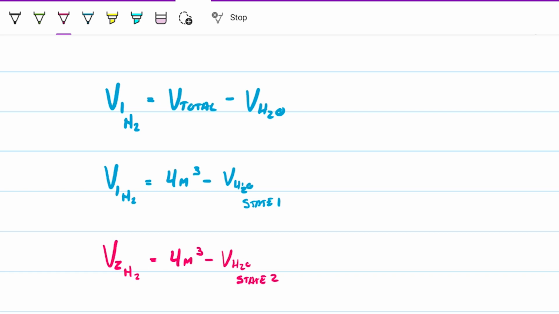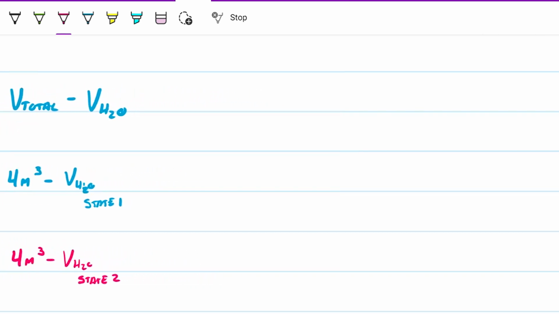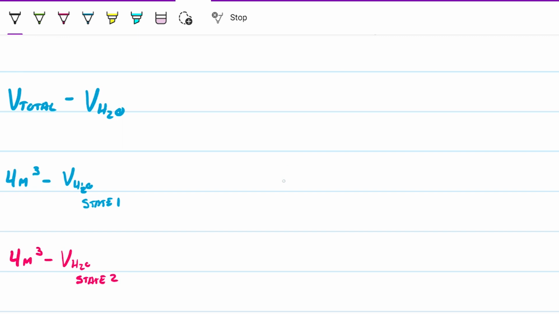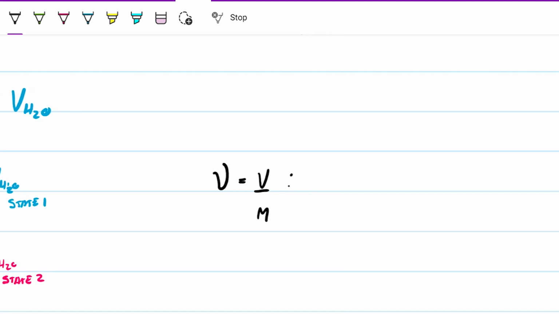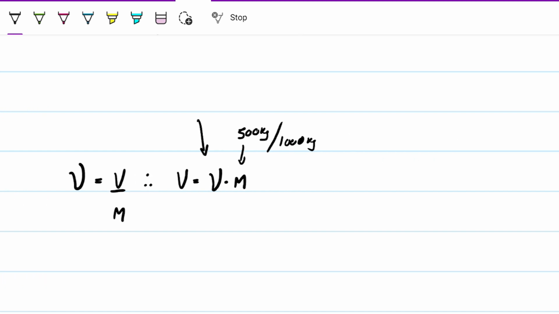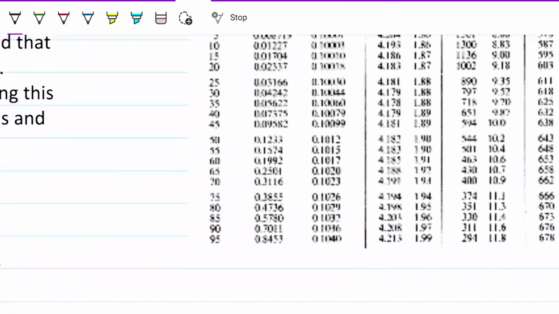To find the volume of the water, which is what I'm missing now, I know that the specific volume is just the volume divided by the mass. If I know the mass, I can find the volume. The volume is just going to be the specific volume times the mass. This I know to be 500 in state 1 and 1,000 in state 2, by the way.